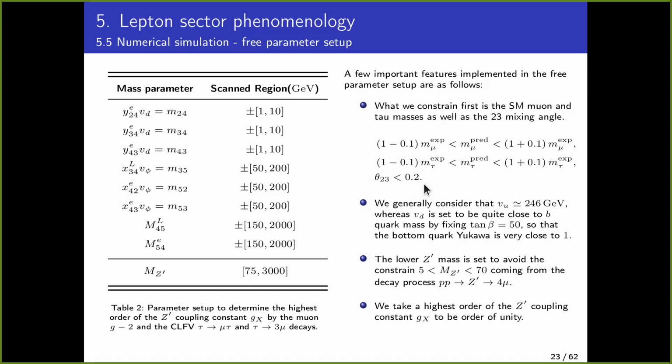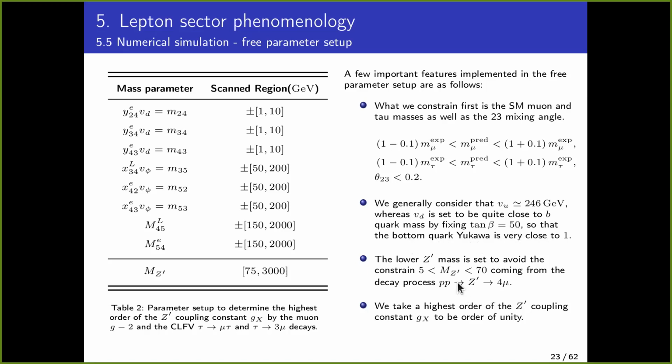And we generally consider the up-type Higgs VEV to be very close to 246 GeV, whereas the down-type is set quite close to the Higgs mass by fixing tan beta to 50. And as I will tell you later, this is also the very preferred choice to explain muon g-2 with the scalar exchange. I will talk about that later. And so the bottom Yukawa is very close to 1.